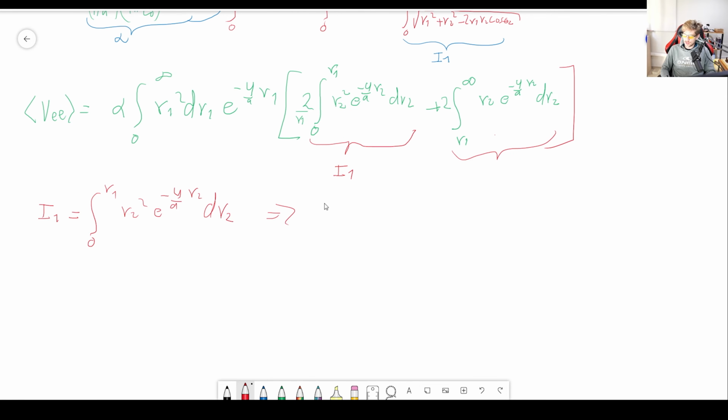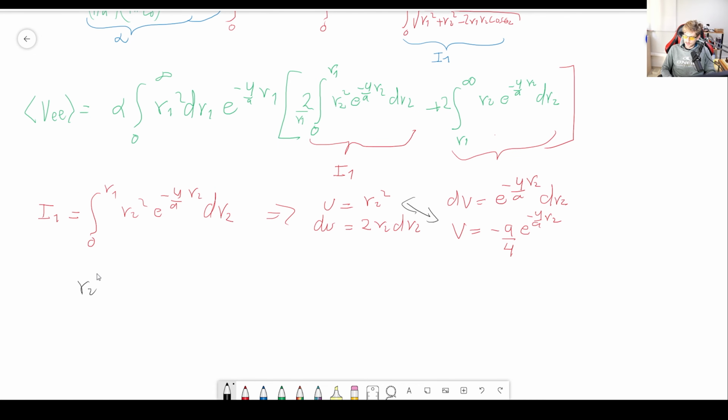So let's integrate by parts. u will be R2 squared, du will be 2 times R2 dR2. And dv will be e to the minus 4 over a R2 dR2, and of course v will then be the integral of this, so minus a over 4 e to the minus 4 over a R2. So integrating by parts, we have to multiply these two first.